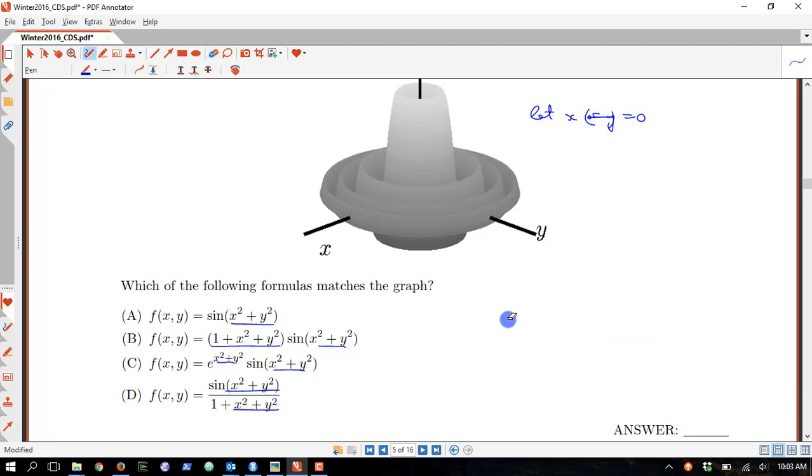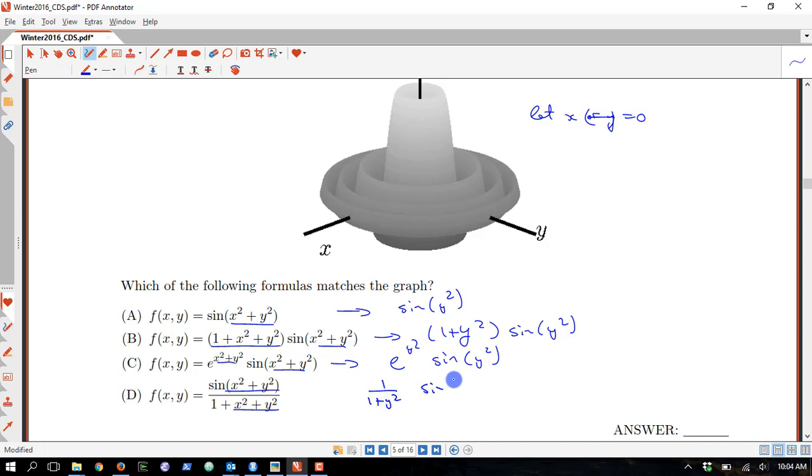If we let x equal 0 for each of these, we simply get sine of y squared. This becomes 1 plus y squared, sine of y squared, and my apologies, that should be a y squared. And this becomes e to the y squared sine of y squared, and 1 over 1 plus y squared sine of y squared.